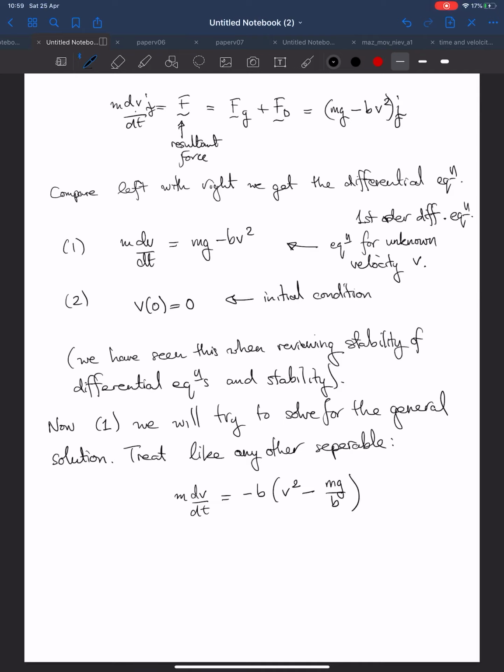All right. Then I'm going to divide both sides by m. And I'll go a step further and divide both sides by v squared minus mg over b. Good. So rearranging gives this.